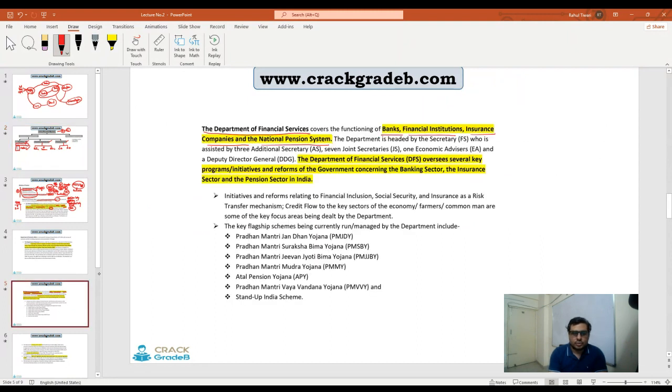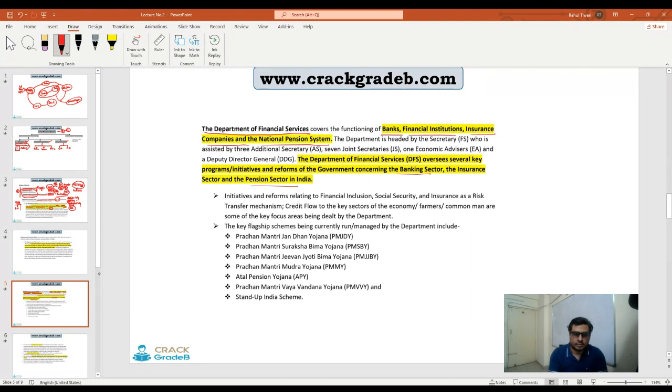Banks, financial institutions, insurance companies, national pension system. The department is headed by whom? A Secretary, with an additional secretary. The Department of Financial Services oversees all key programs, initiatives and reforms of the government concerning the banking sector, insurance sector, and pension sector. All these sectors come under this department.